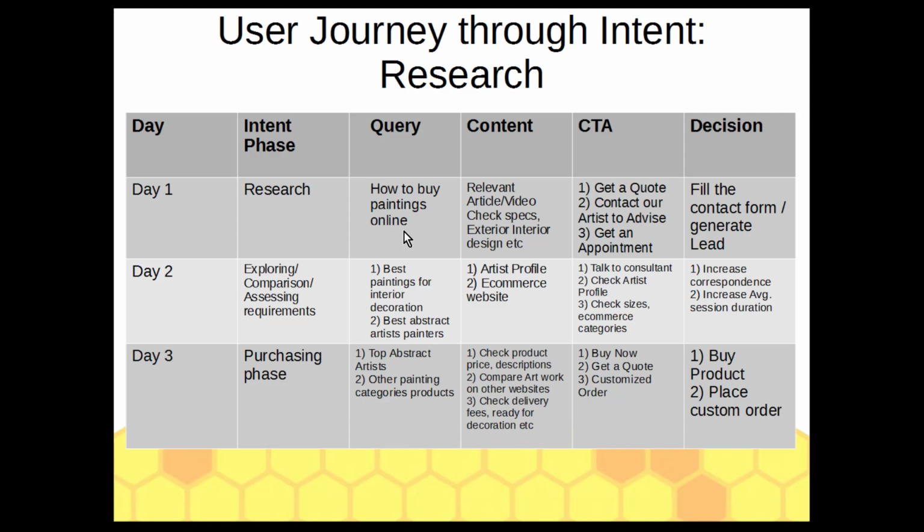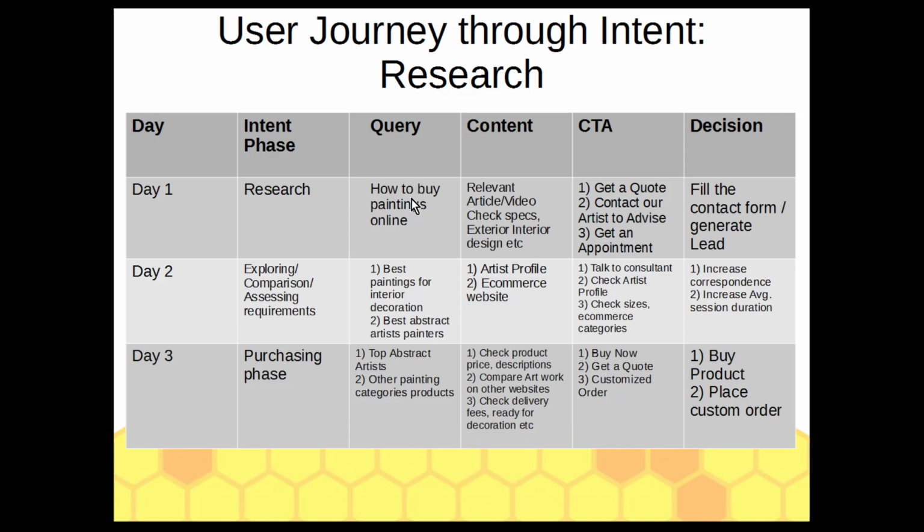Then you have a CTA. When your result appears in the search engine, suppose your prospect types in how to buy paintings online. In the top 5 results, they see that you have this article posted with the same title as their user query.